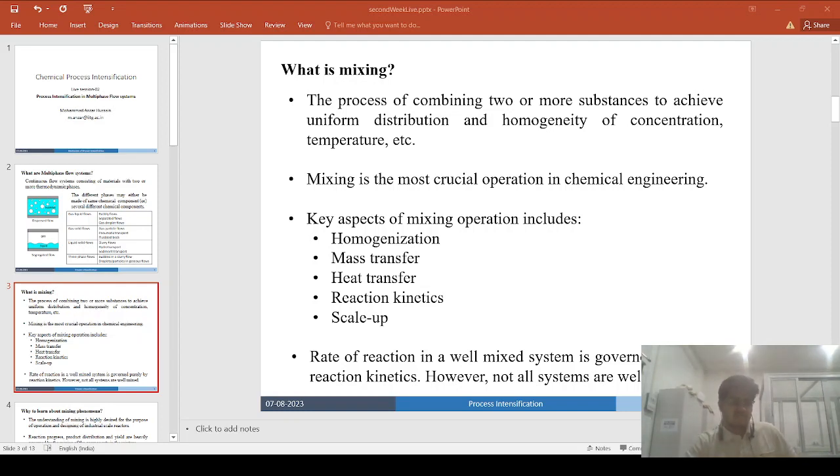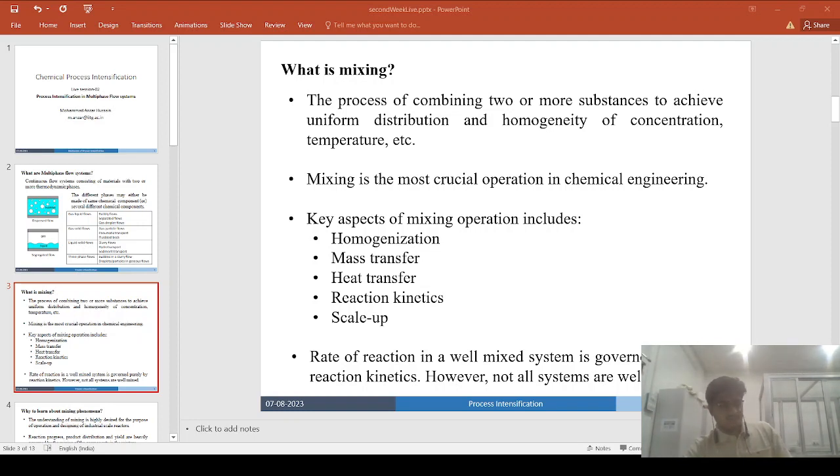Now that we have discussed process intensification in multi-phase flow systems, another aspect is this. We first defined what a multi-phase flow system is. Then we classified the different types of multi-phase flow systems available.